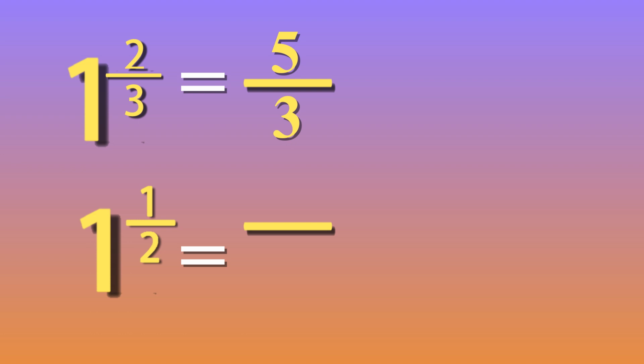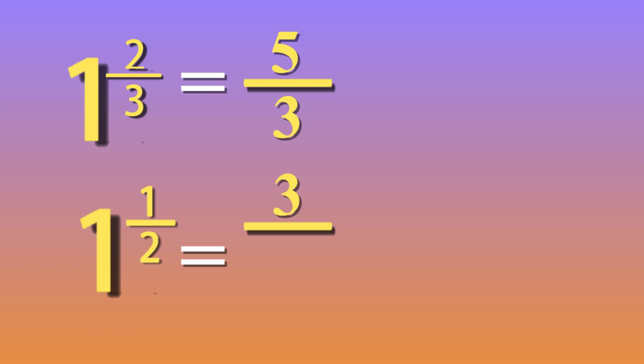Now we'll convert 1 1/2. Move a copy of the numerator 1 to the right hand side. Then multiply the whole number by the denominator of the fraction, that's 1 times 2, which equals 2, and add that to the right hand side numerator, so 1 plus 2 equals 3.